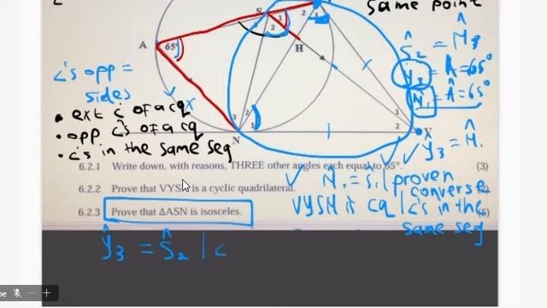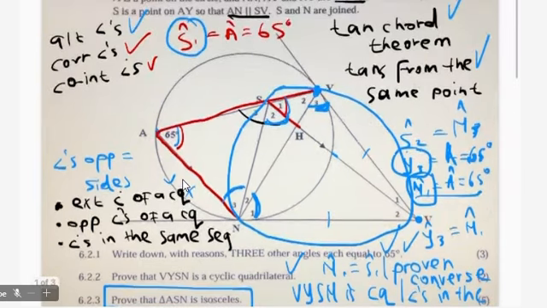Why? Because angles in the same segment. Now we are not saying converse, because they are equal, angles in the same segment. Then N3, we said that previously that S2 is equal to N3 when we were talking about, let me highlight it so that you can see.